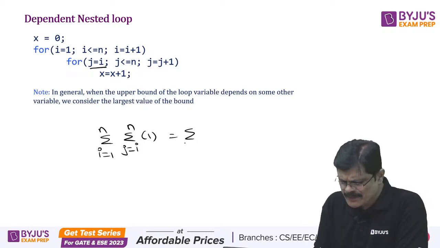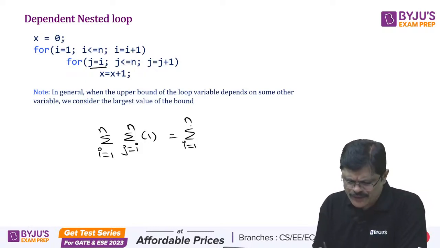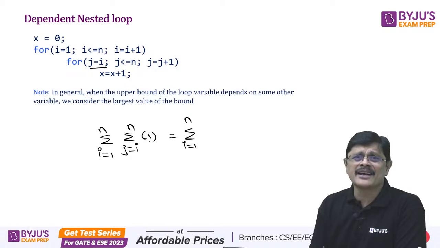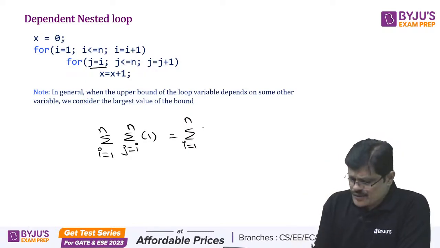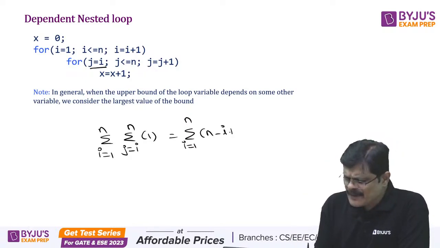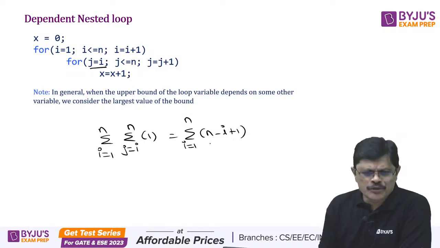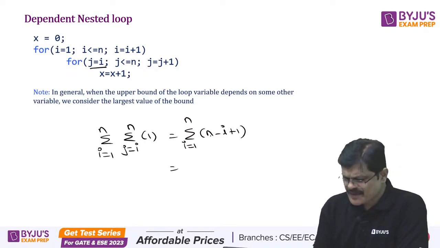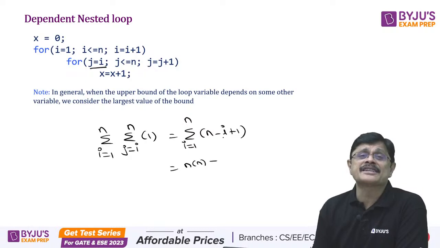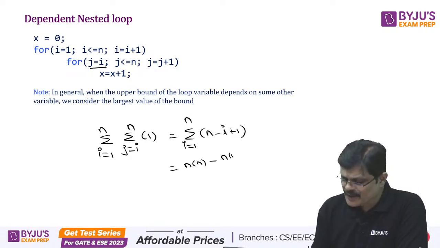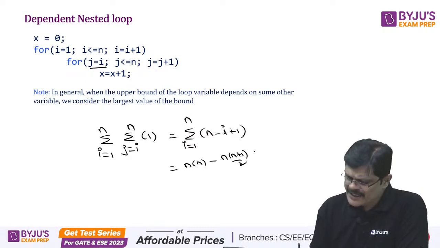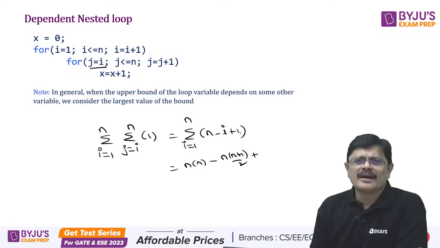So if you simplify this, it is sigma i = 1 to n, and how many ones are there from i to n? You can say n minus i plus 1. Now you can use the summation notation. n is a constant with respect to i, so sigma 1 is n. Sigma i is the sum of the first n natural numbers, that is n(n+1)/2, and plus 1 sigma 1 is n.